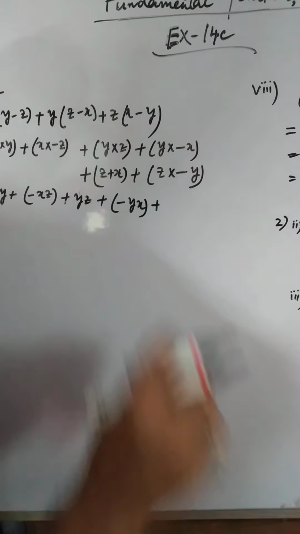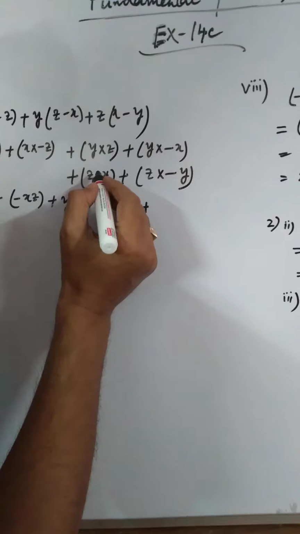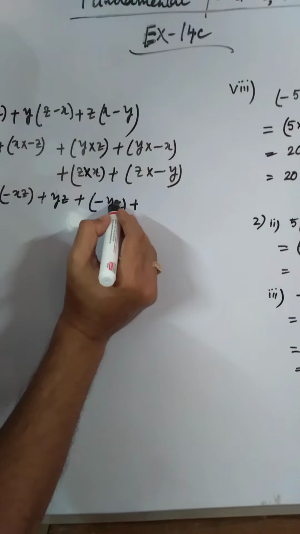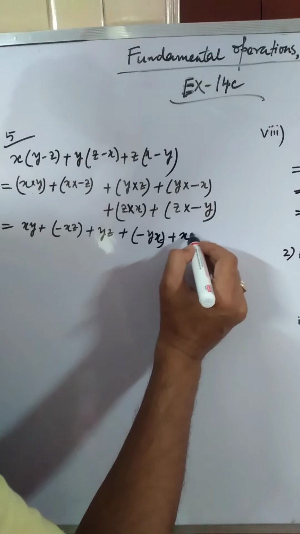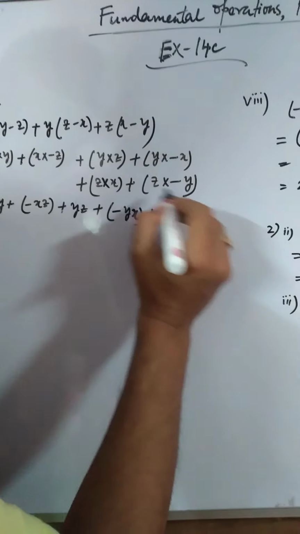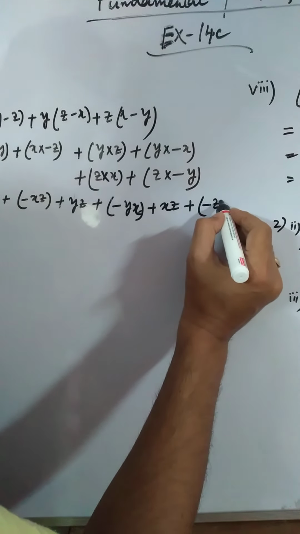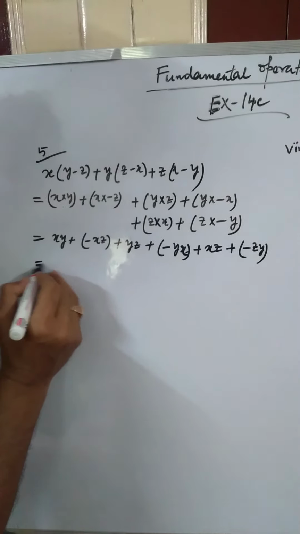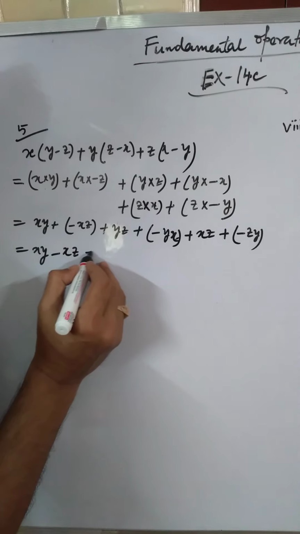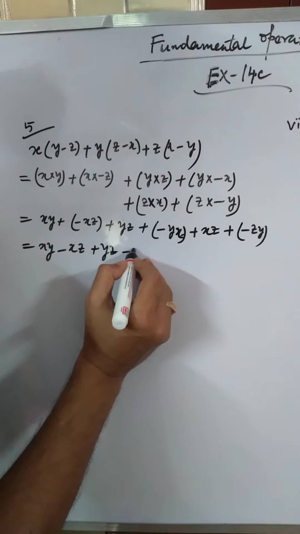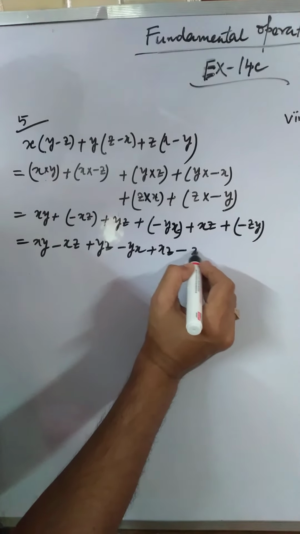Plus here that should be z into x. I give here the positive sign, plus sign. Now z into x, the result is zx or xz. Both are correct. Plus z into minus y, minus zy or minus yz. Both are correct. Now remove the bracket, xy plus minus minus plus yz plus minus plus xz plus minus zy.